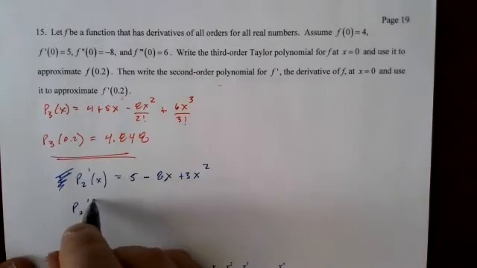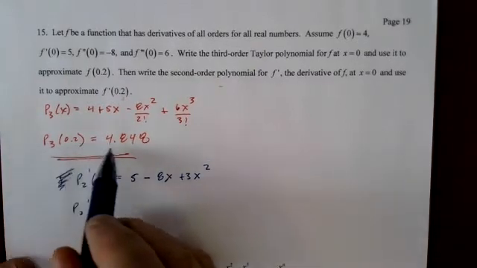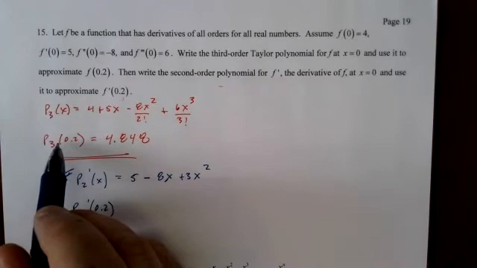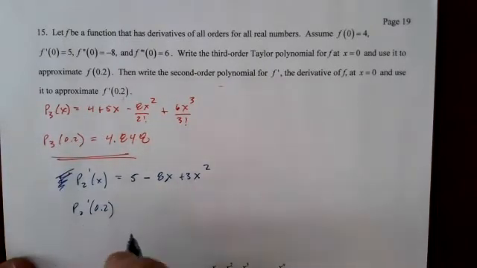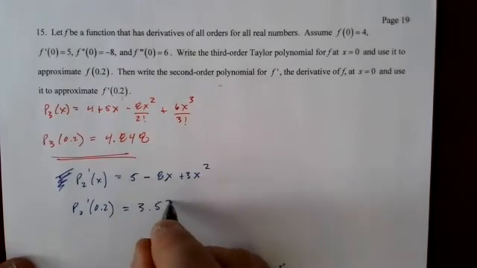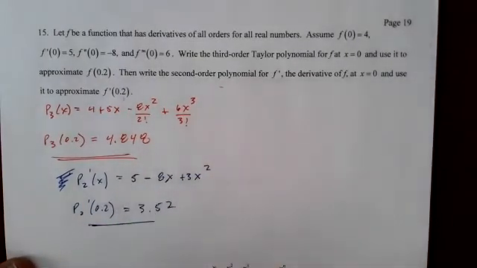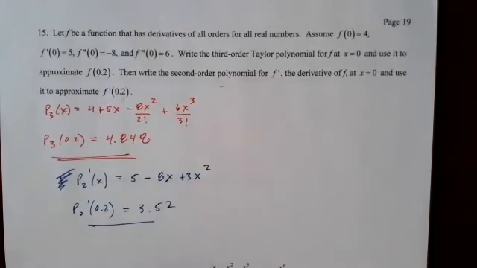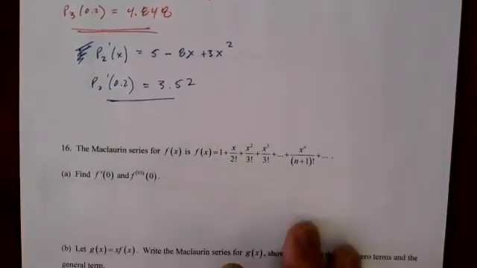And then P prime of 0.2, which has nothing to do with this. This is third order of the original function. This is second order of the derivative function. I'm just following the rules. Hey, these numbers, no, that doesn't mean anything. They're just getting you comfortable with this.